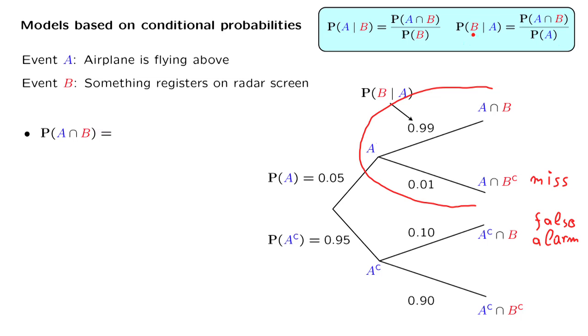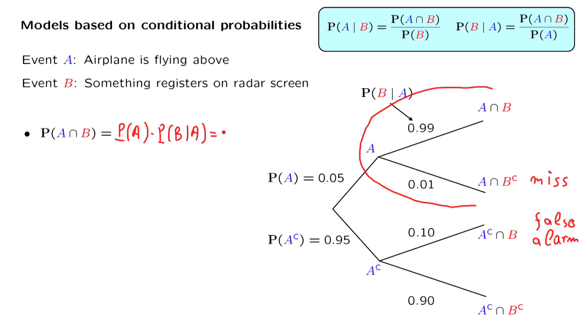The conditional probability of B given A is the probability that both events occur divided by the probability, again, of the conditioning event. Therefore, the probability that A and B occur is equal to the probability that A occurs times the conditional probability that B occurs given that A occurred.